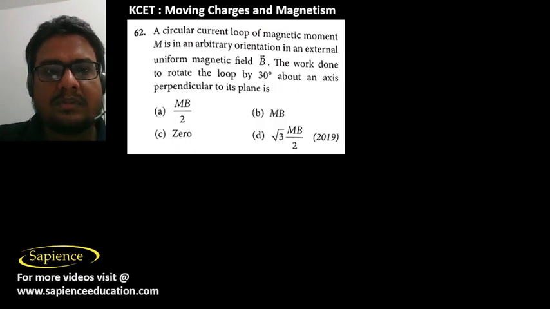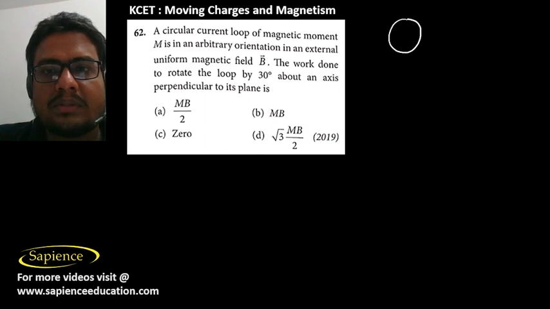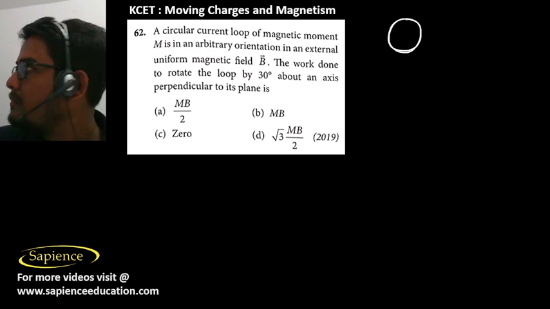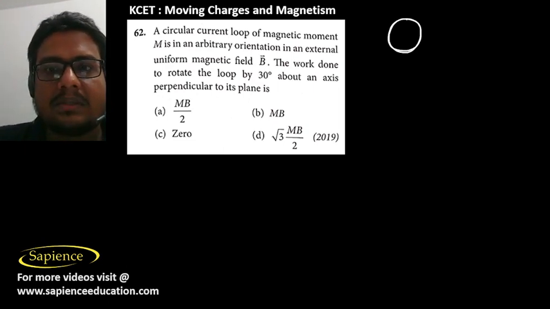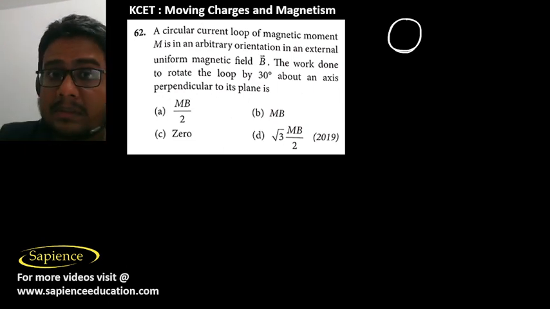In question number 62, it is told a circular current loop of magnetic moment M is there.